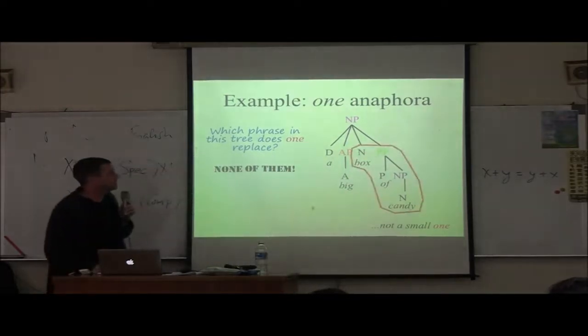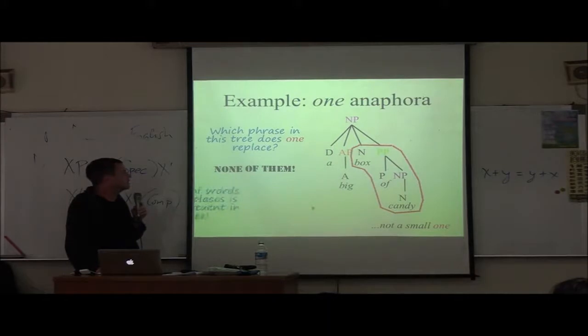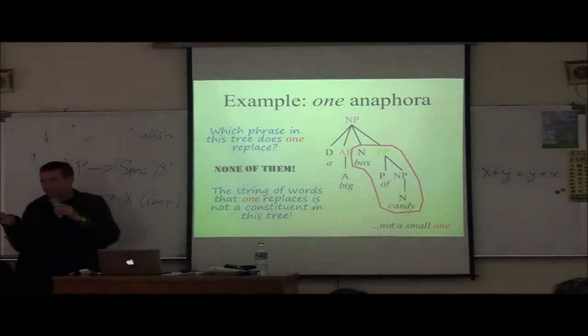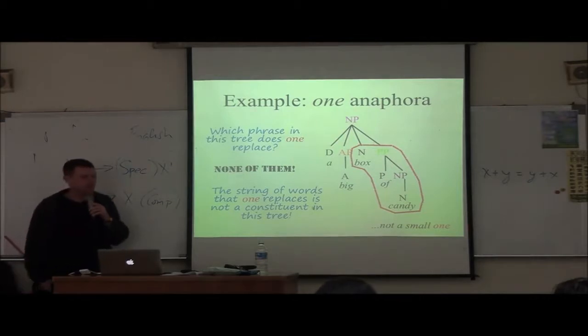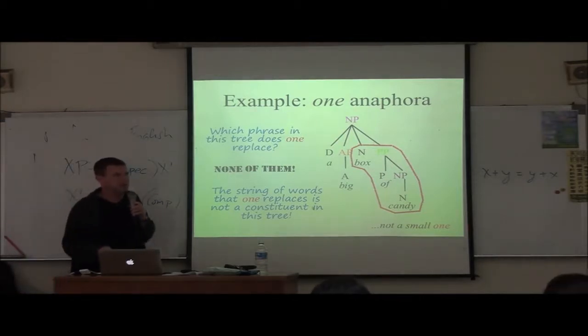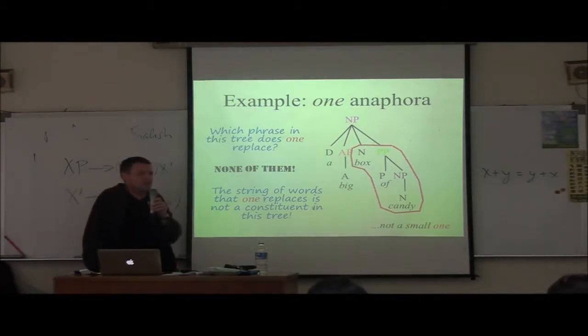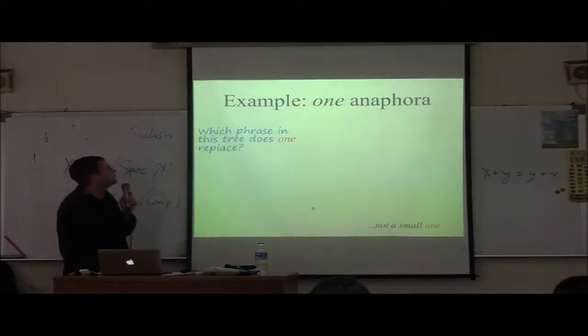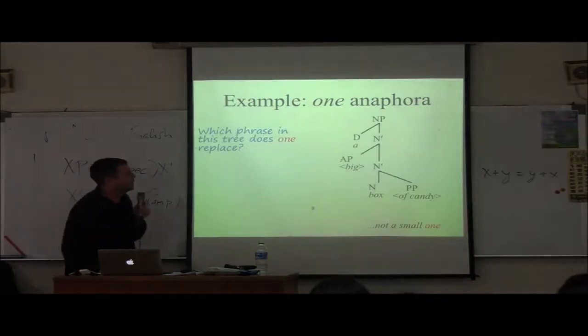So this here is not a constituent, but the word "one" is replacing that string of words, which causes a problem for us. So we know it's a constituent because it's passing constituency tests, but it's not represented as a constituent in our tree. So X-bar theory to the rescue.